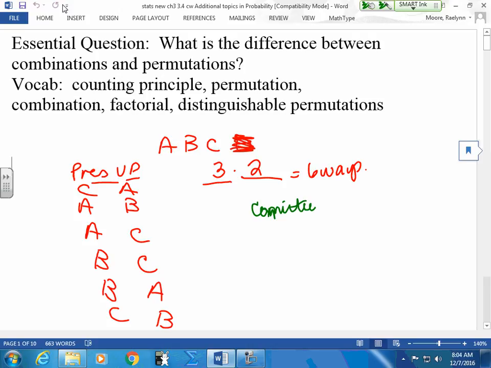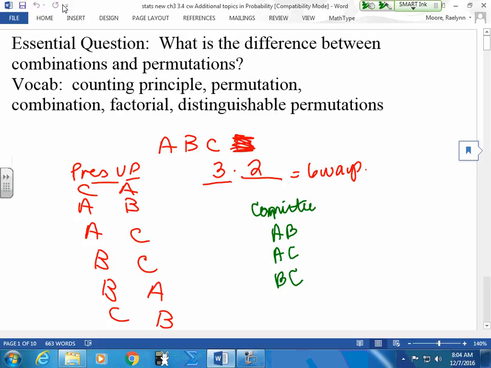So give me 2 letters. AB, AC, and BC. What about CB? That just be repeating. Good, because BC and CB are the same thing, right? They're the same committee. It doesn't matter who goes first.